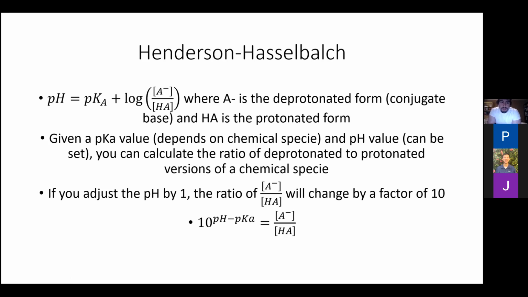It's pH equals pKa plus the log of the ratio of the concentration of the deprotonated form divided by the concentration of the protonated form. The pKa is a value that depends on the chemical, so you can look that up or it's given. And then the pH value is something that you can manipulate by adding acid or base.